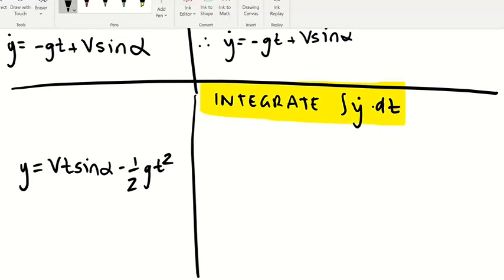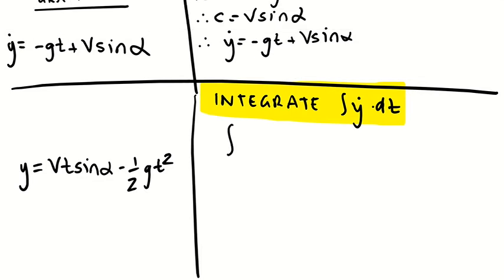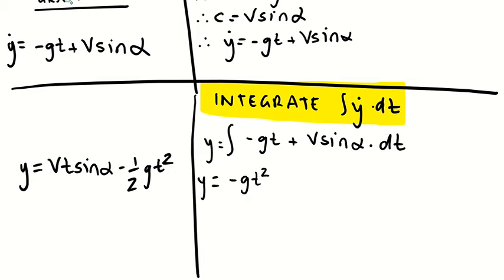So let's think about that. We need to integrate negative gt plus v sine alpha with respect to t. If I do that, I get negative g t, add 1 to the power and divide by it, plus vt sine alpha, because v sine alpha is just a constant, so put a t on it, plus c.